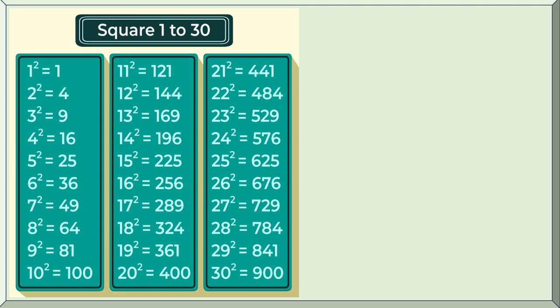Or we can just say, since we have the positive and negative root of a number, the square root of 1 equals positive and negative 1. And then 2 squared is 4. So the square root of 4 is 2, and we can also use negative 2. Okay, so we need to familiarize ourselves with these perfect square numbers.